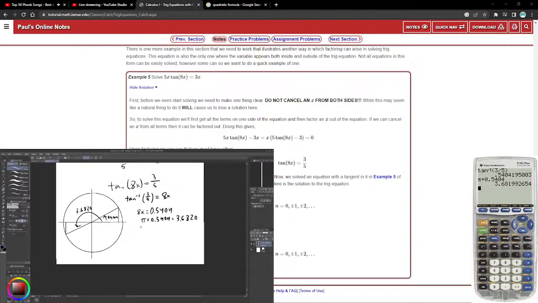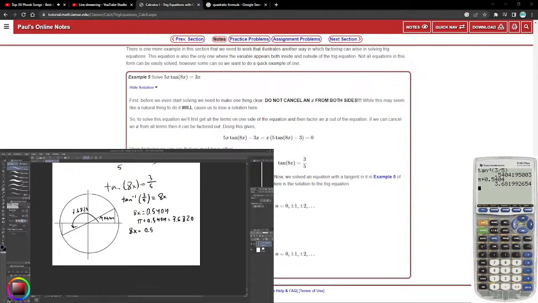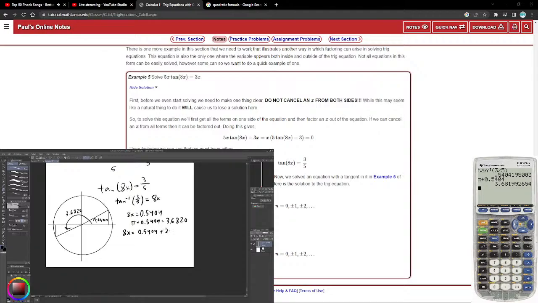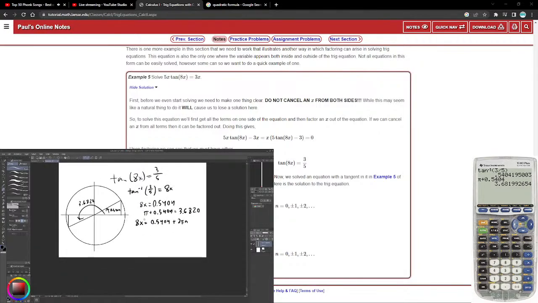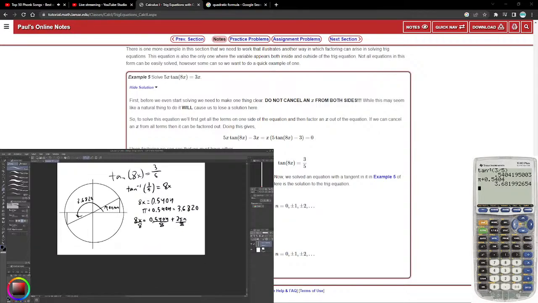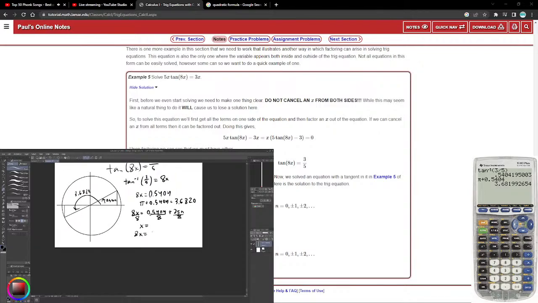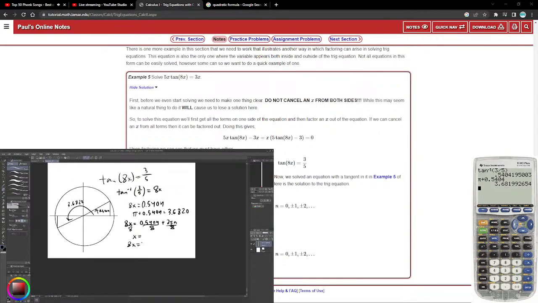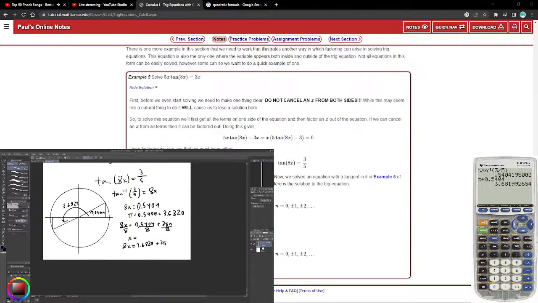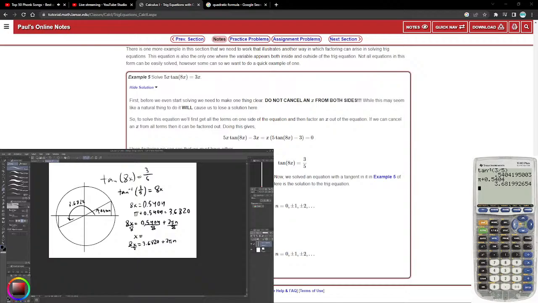Now that I have both of these, we could say 8x equals 0.5404 plus 2 pi n, divide by 8. And 8x equals 3.6820 plus 2 pi n, divided by 8.